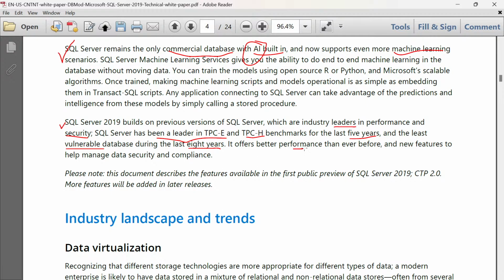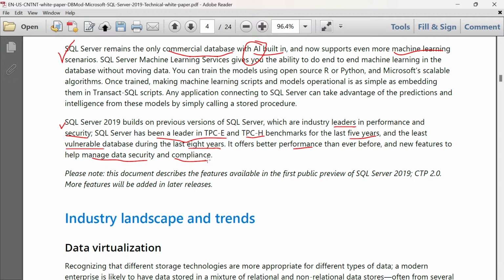Now it offers better performance than ever before and new features to help manage data security and compliance. So here, the SQL Server, as said, has been built upon the existing versions of SQL Server. Before SQL Server 2019, we had SQL Server 2016, 2014, 12, 10, 8.